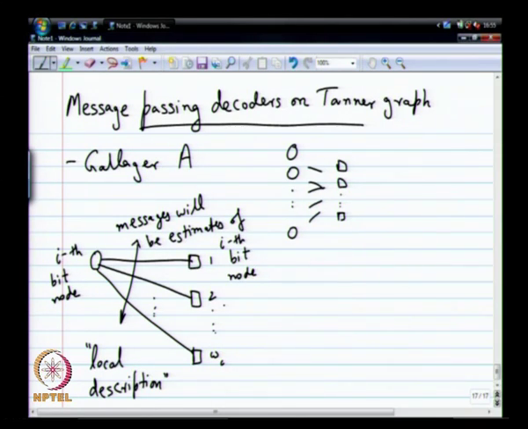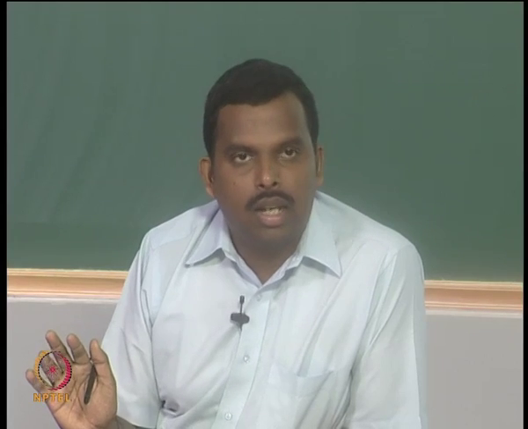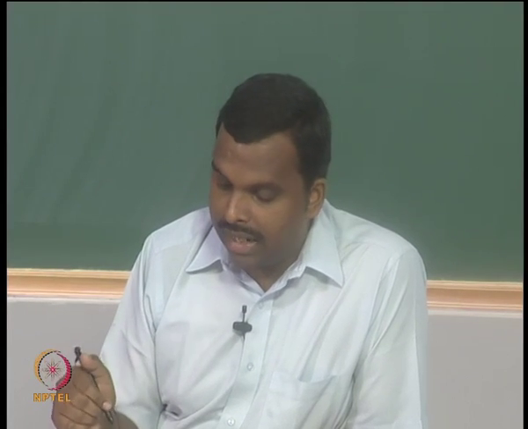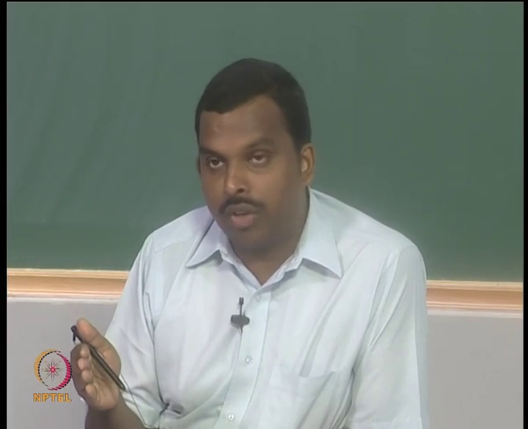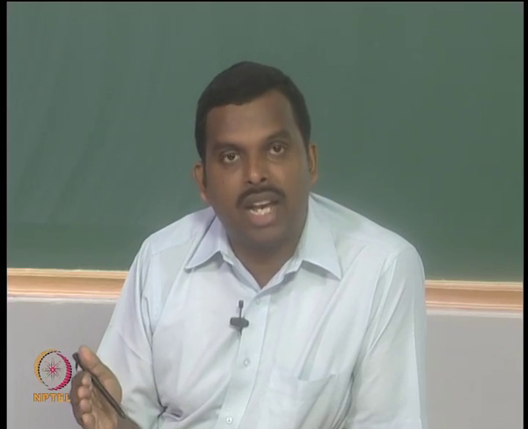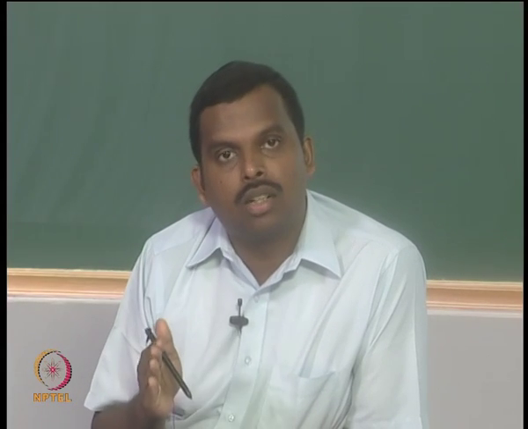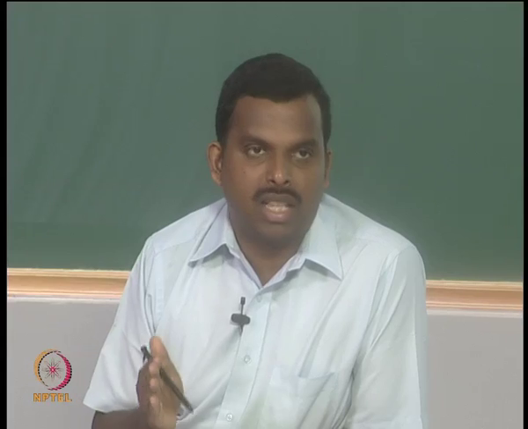Okay, so this is the crucial idea in a message passing interpretation, okay, which is what happens even in the Gallagher A decoding algorithm. You are mostly concerned with estimates for a particular node, and when we describe it in the Tanner graph language, we will talk of messages that flow from bit node to check nodes and messages that flow from check nodes to bit node. Okay, any message flowing out of the ith bit node will be an estimate for the ith bit node, ith bit. Okay.